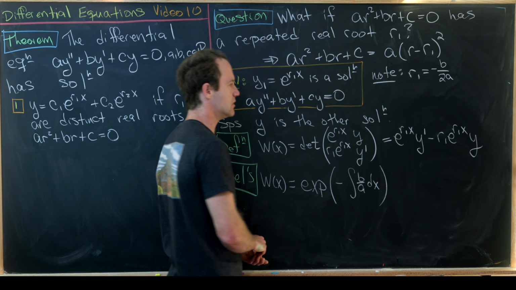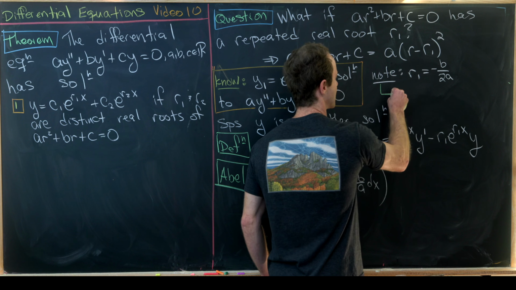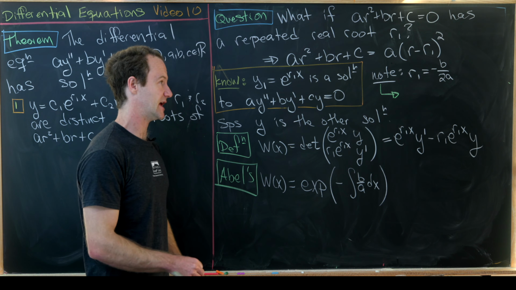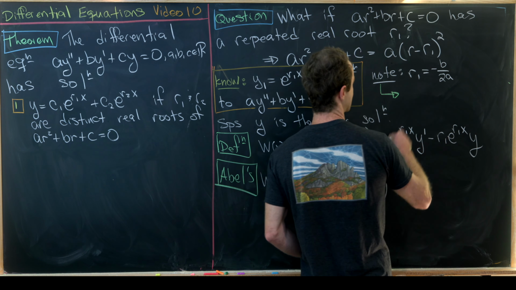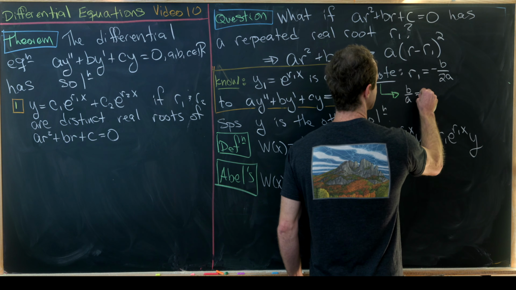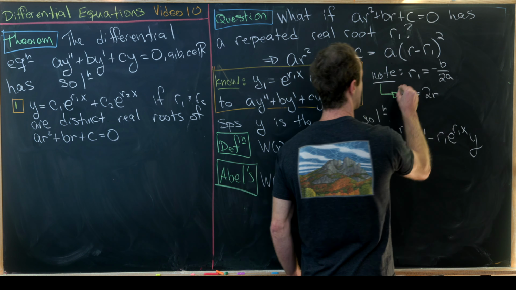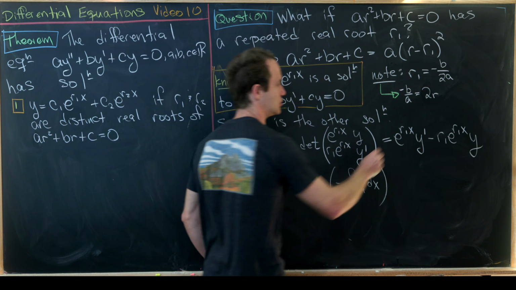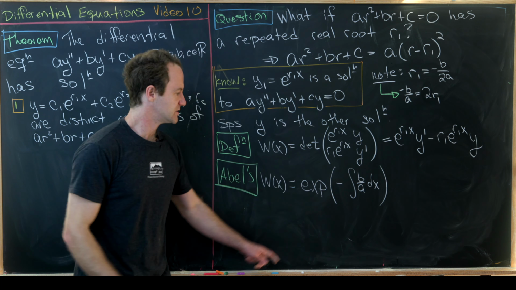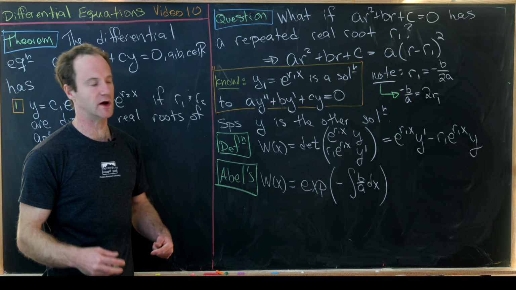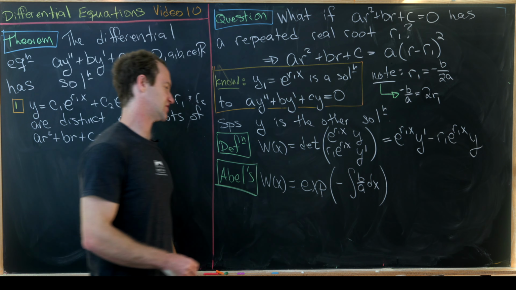But now let's note from this up here, if negative b over 2a is r1, then that tells us that negative b over a is 2r1. So that means we can replace this minus b over a with 2r1. That's the nice simplification that we need here.